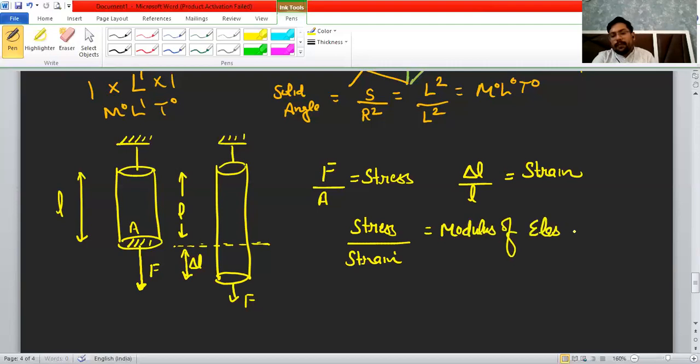This is then called modulus of elasticity.